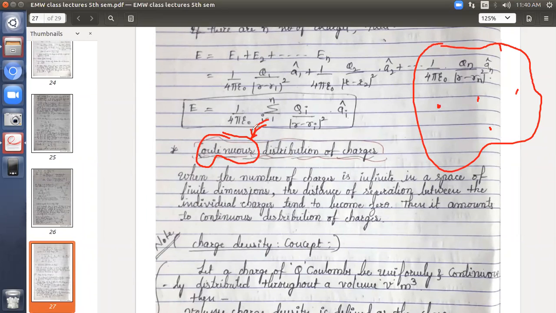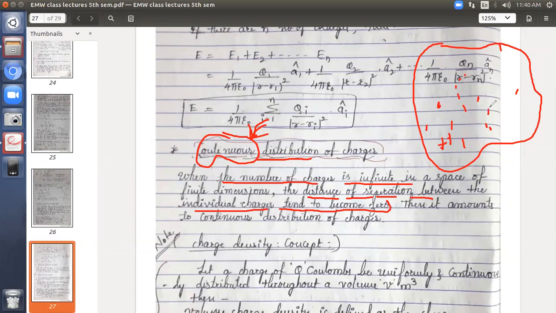Now, coming to this continuous distribution, what does that mean? If there are a number of charges in the space, they are infinite. We have many charges spread in the space, and they have some limited dimensions. Till now we have considered point charge. A point charge is what? It has no dimensions, just a point. And the distance of separation between the individual charges tends to become 0, meaning they are very much compact.